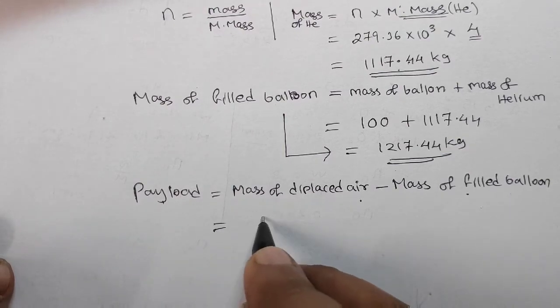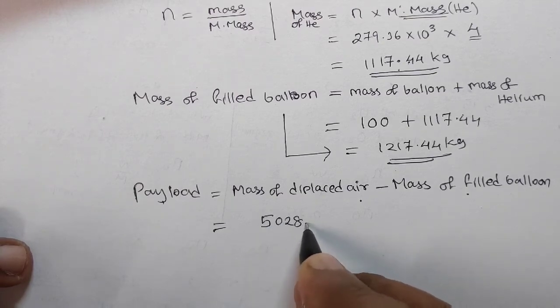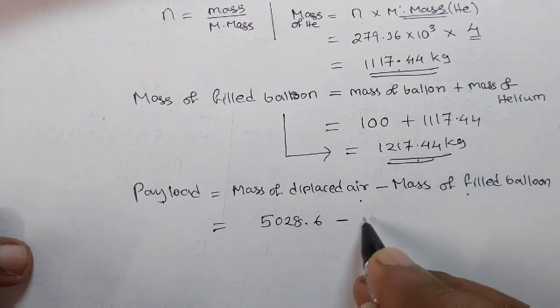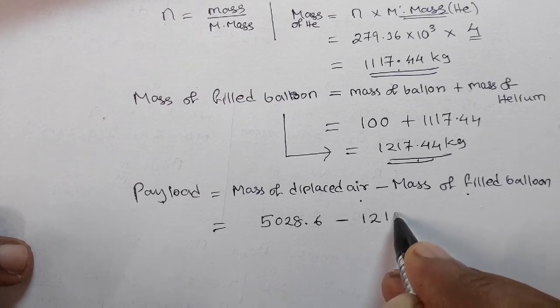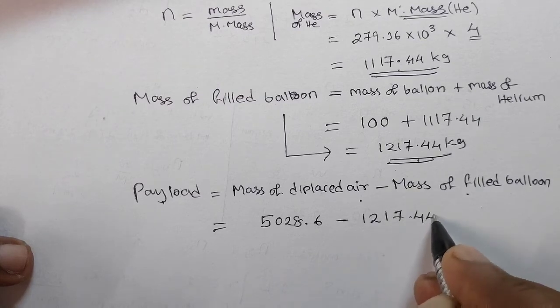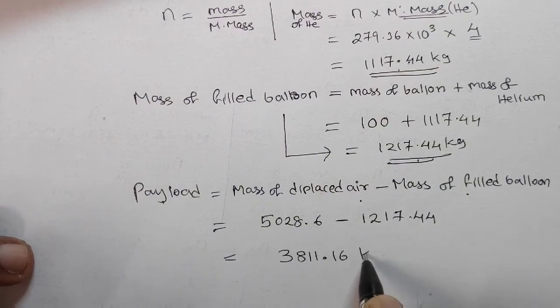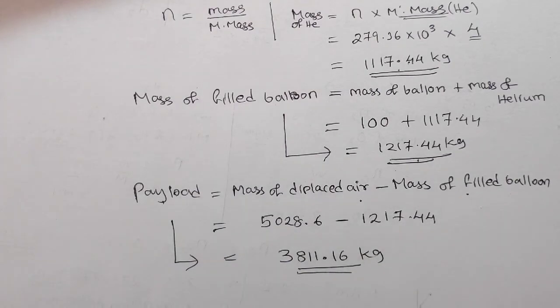The mass of displaced air is 5028.6, which we found out, minus 1217.44. If you subtract this, you will get 3811.16 kilogram. So this is the payload asked in your question.